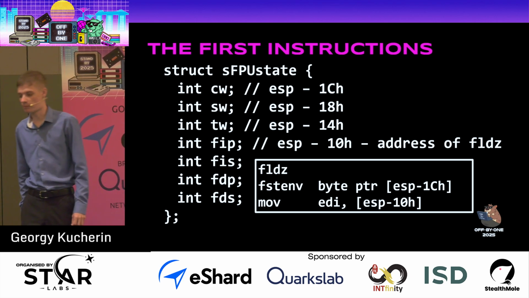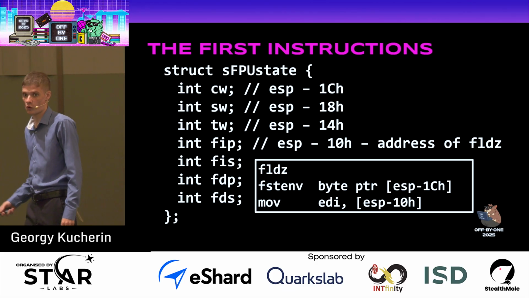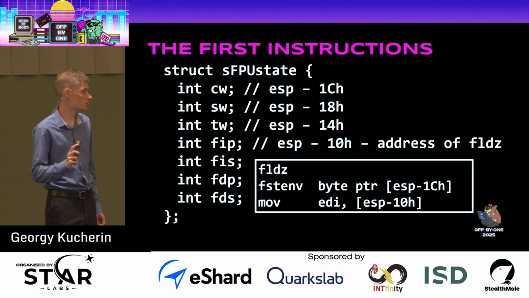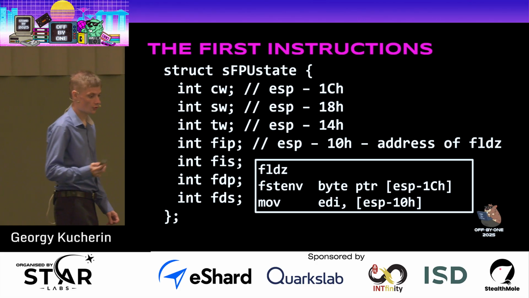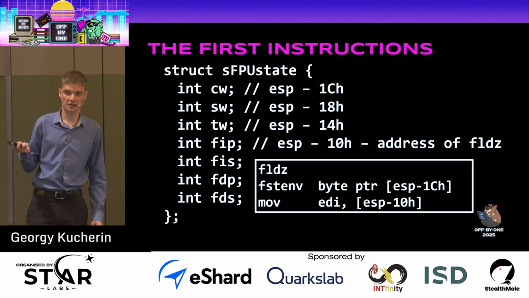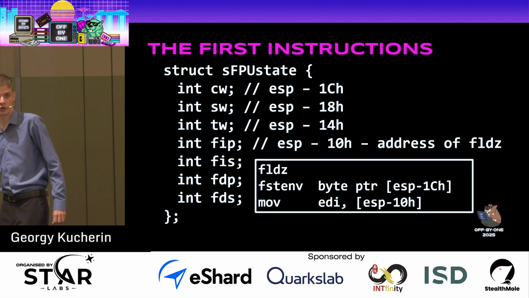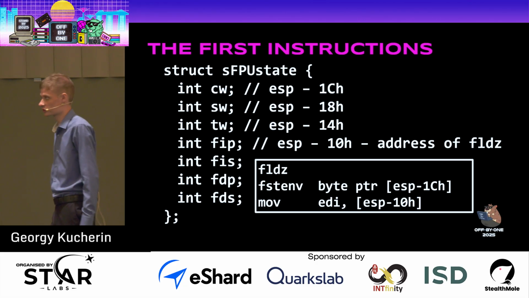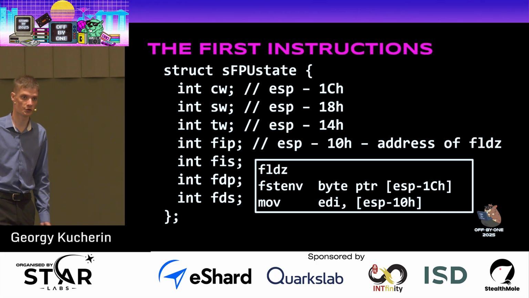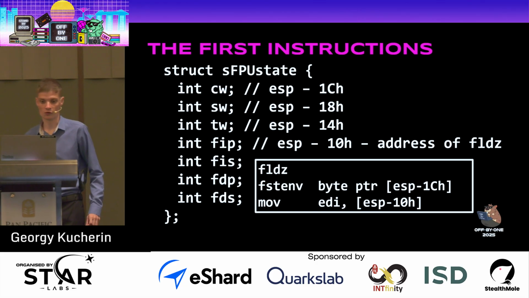This structure member contains the address of the last executed floating point instruction, which is FLDZ. So the malware gets the address of this instruction, an address inside the shellcode. In other words, the sequence of instructions is needed to get the value of the EIP register or the program counter, as some of you may call it.